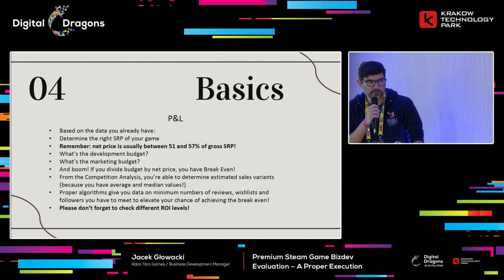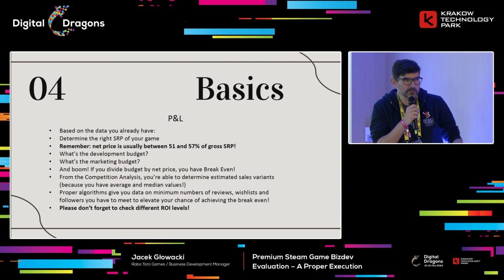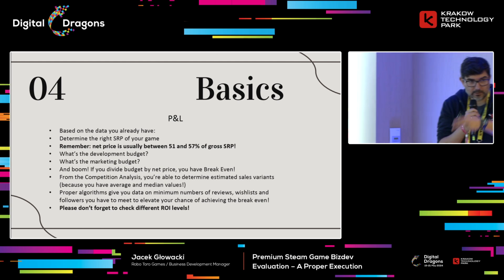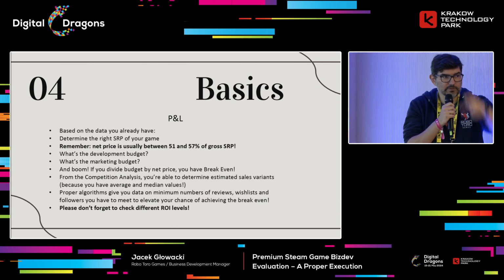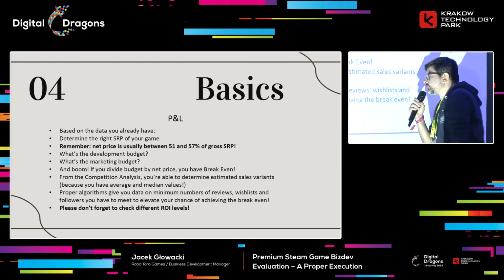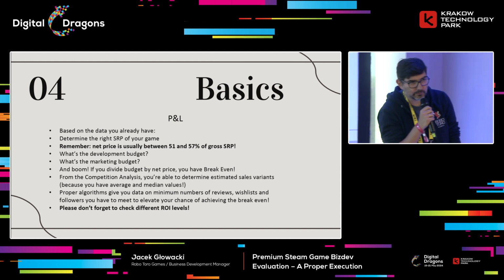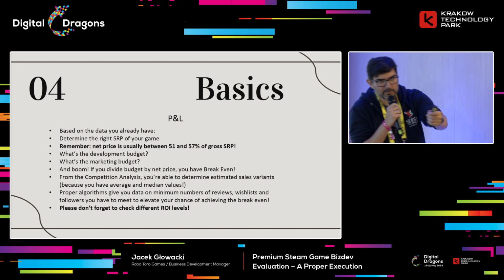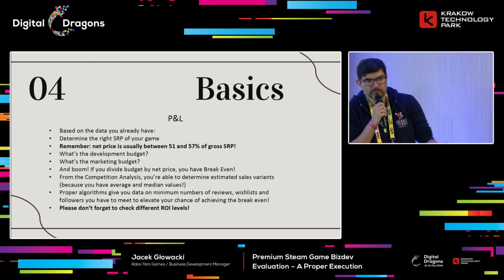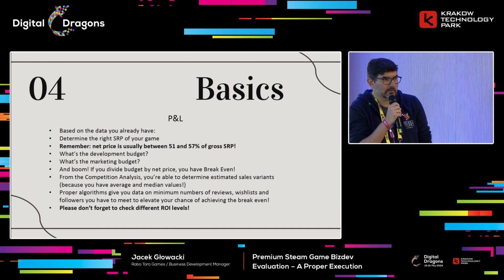So it's super important, because then we're going to be analyzing the performance of the other games, and we'll see, right? We already have the list of estimated sales of games similar to ours. So we can see if our break-even shows that we have to sell 120,000 copies, for example, and we can see even from the median, from those 10, 20, 30 games that we analyzed, that estimated sales of those games are, I don't know, less than 30,000, then we have a problem, right?